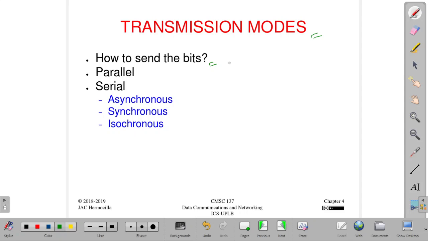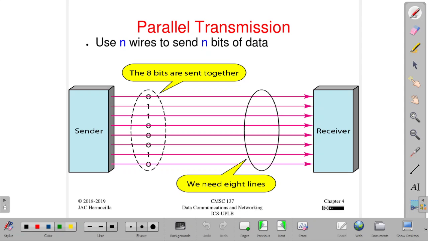How do you send these bits now? There are two main approaches: parallel and serial. And under serial, we have three: asynchronous, synchronous, and isochronous. So we will discuss each of these transmission modes.